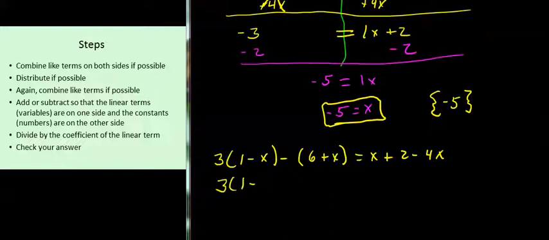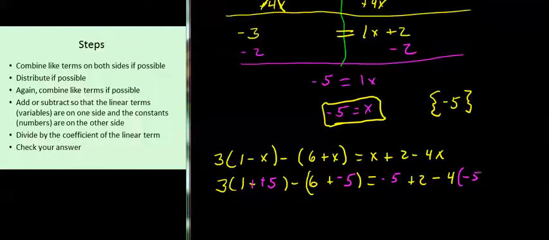3 times 1 minus x minus 6 plus x in parentheses 2 minus 4 times x. I'm just going to put x in a different color. Minus negative 5 is plus a positive. Minus or plus negative 5 here, and in parentheses, because I'm multiplying a negative, I have to have -5 there.